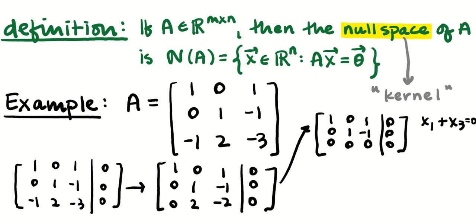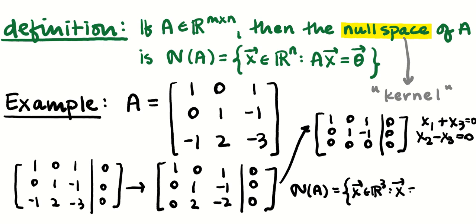Okay, x2 minus x3 equals 0, and x3 can be whatever it wants. It's unconstrained. So what I'm going to say is that the null space of A is equal to the set of all vectors x in R3 for which x1 is equal to negative x3, x2 is equal to x3, and x3 can be whatever it wants.